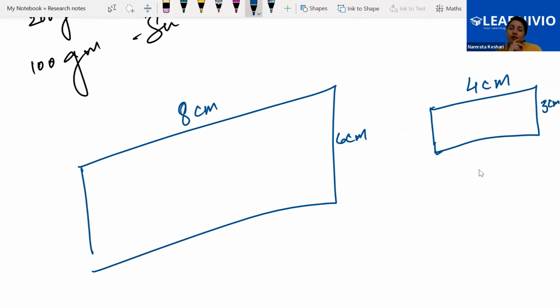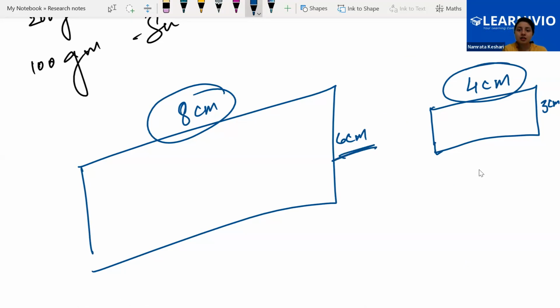We will check whether the sides are in proportion or not. What is the meaning of proportion? Can you see 8 became half? That is 4. Can you see 6, the other side, the breadth, became half? That is 3. That's the meaning of proportion.